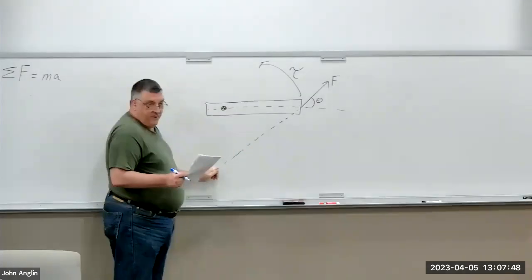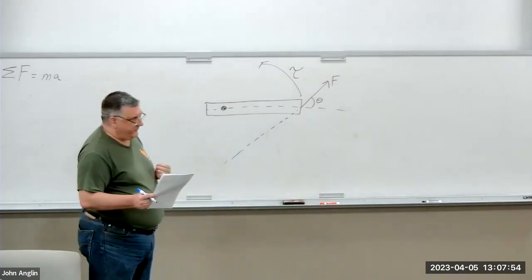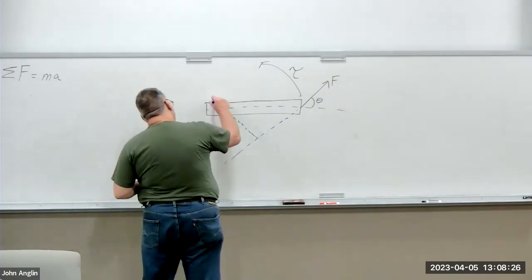So it might as well be drawn way back here, right? Or up here. It doesn't really matter. That's why we can do things on the free body diagram like through our pivot point.